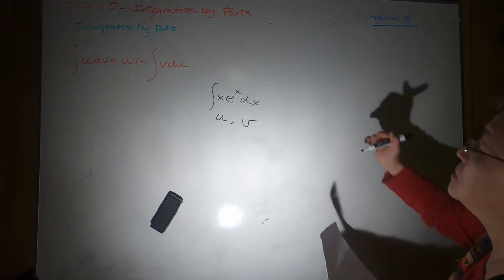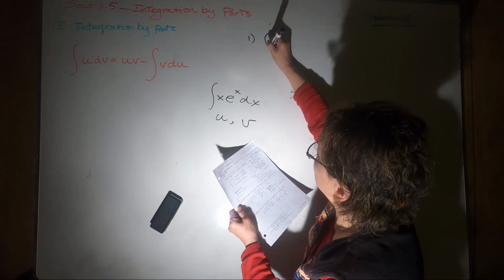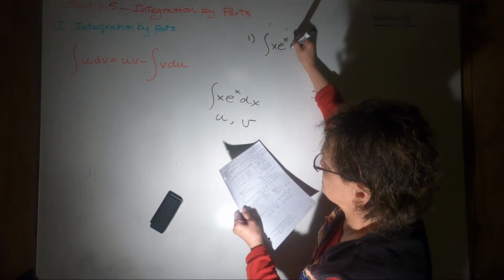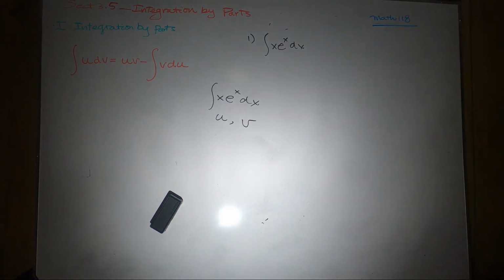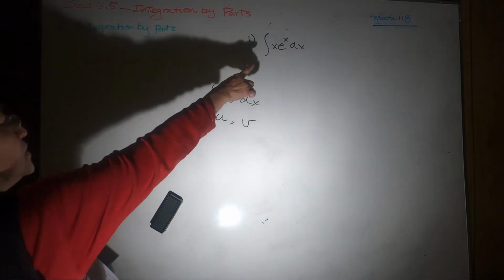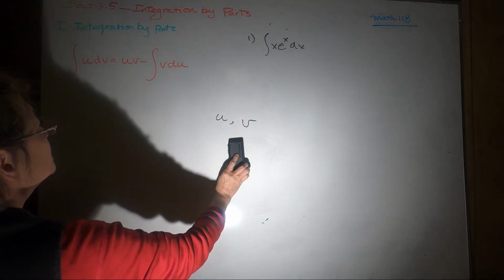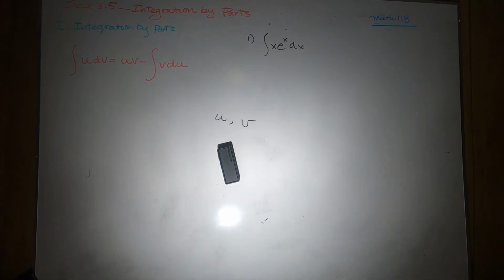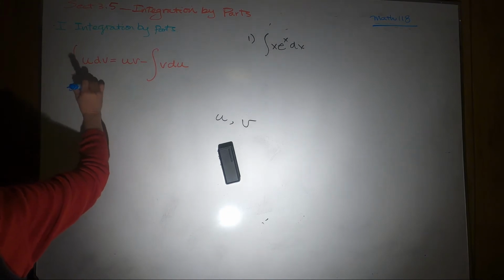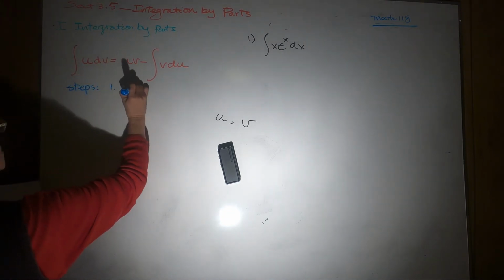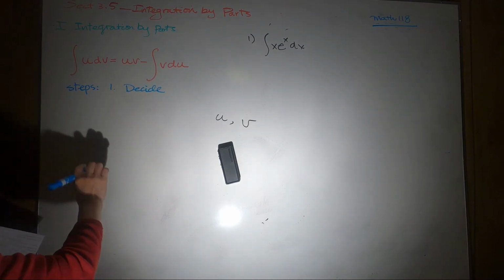Okay, so let's take a look. If we have this one, x e^x dx, the steps are this way. We need to convert that to u and v, so we have to decide. First, you have to decide the parts.